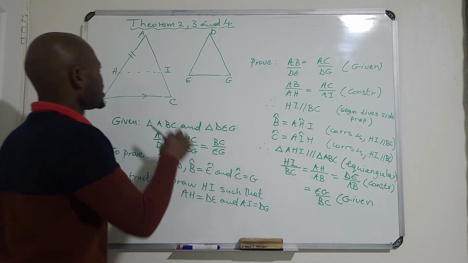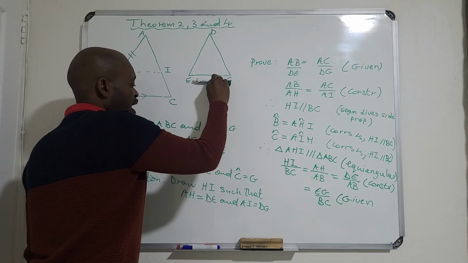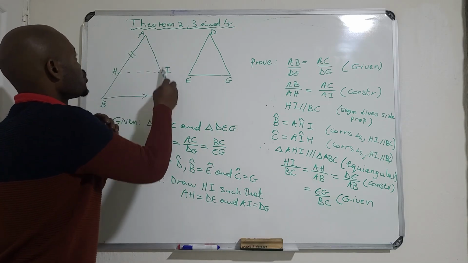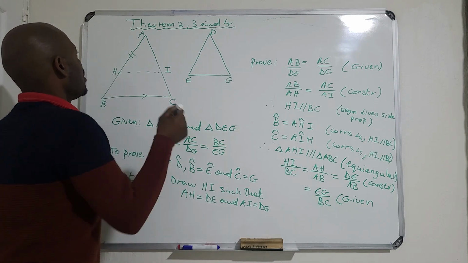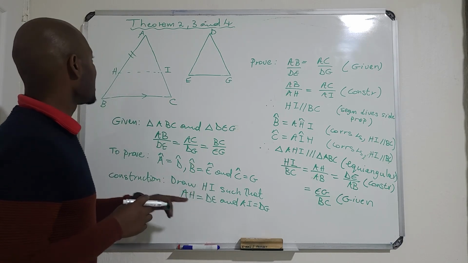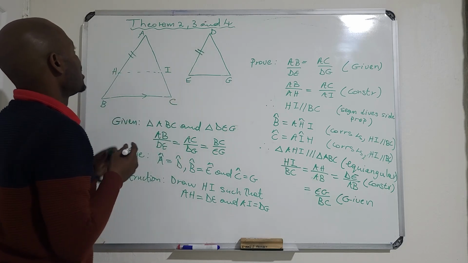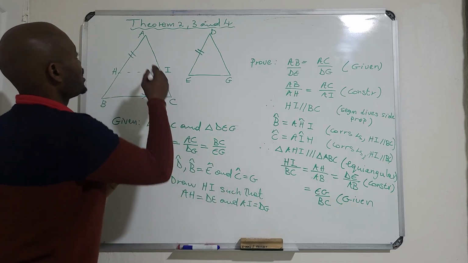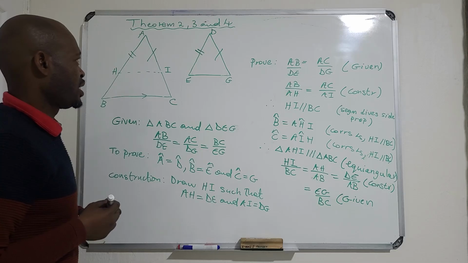Once we get that this side is equal to that side, then we have proved that the two triangles are congruent, because we have constructed HI in such a way that this side is equal to that side there.